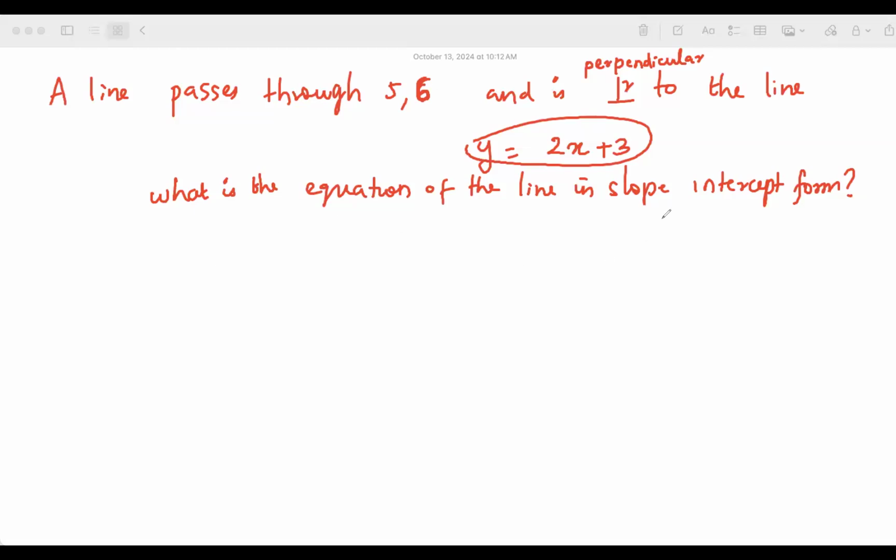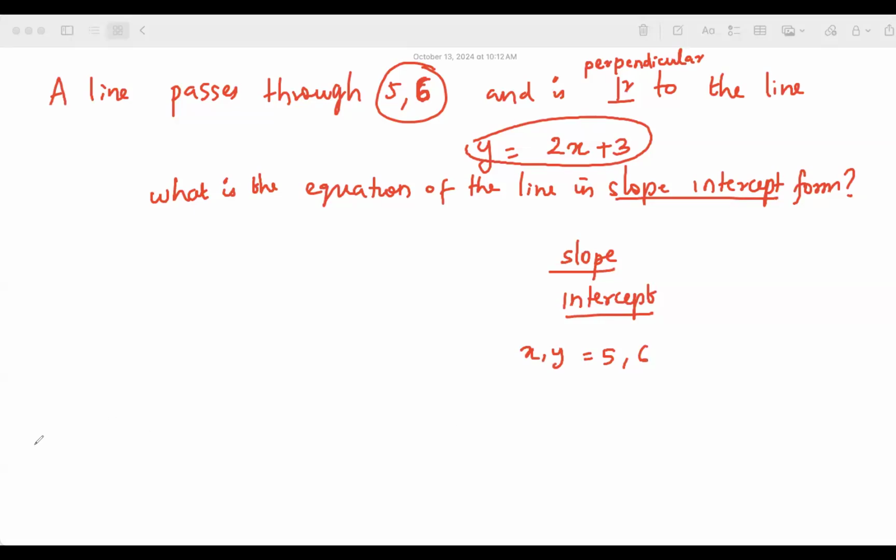So to write the equation of any line in slope intercept form, I need the slope, I need the intercept. Right? I don't know both. What I know is only one x, y point, that is (5, 6).